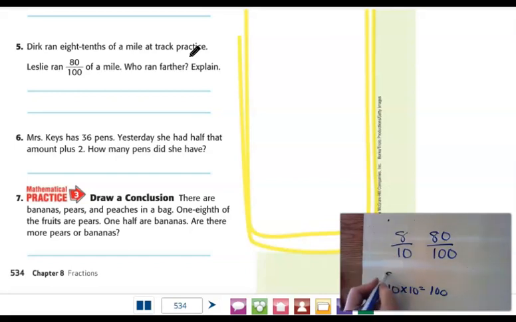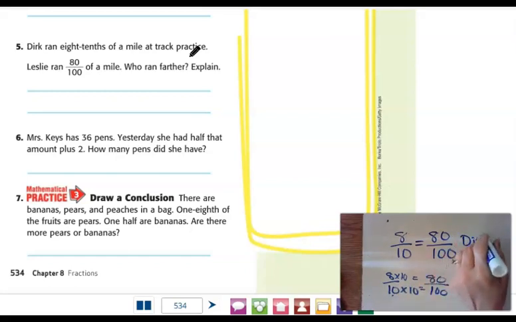And if I do the same on the top, 8 times 10 is going to give me 80. Look at that. So 8/10 is actually equal to 80/100. So when it asks who ran farther, neither. Dirk and Leslie ran an equal distance.